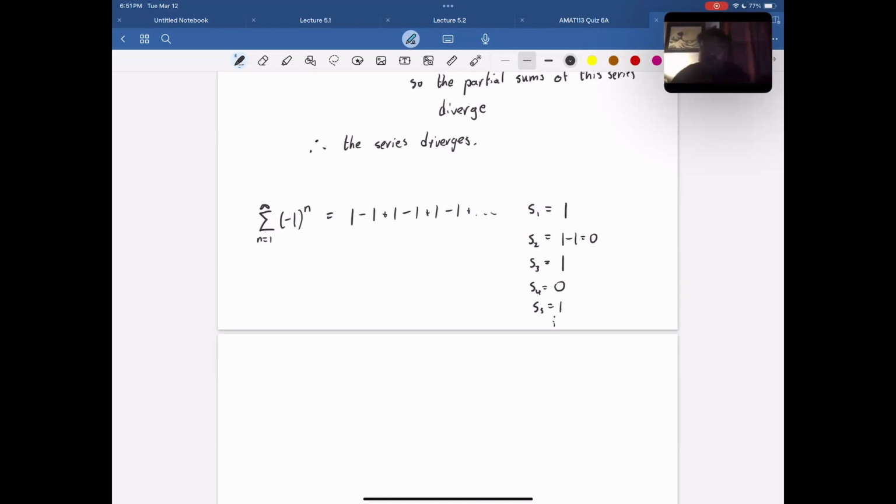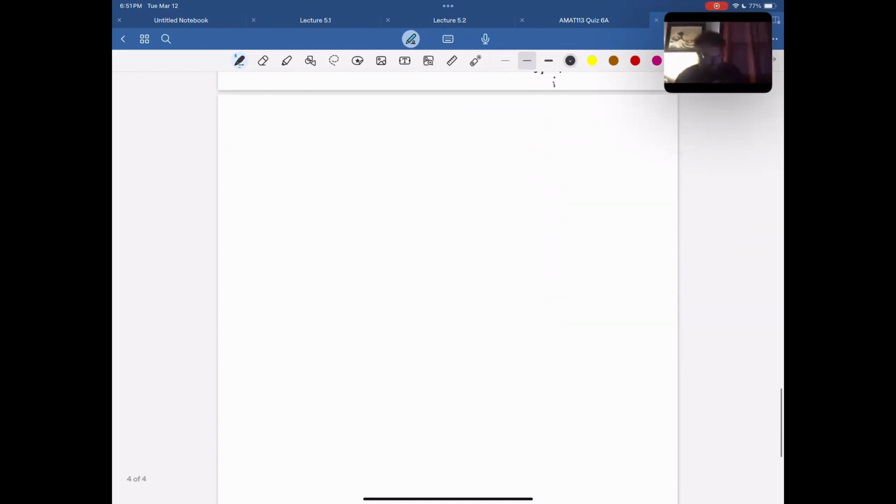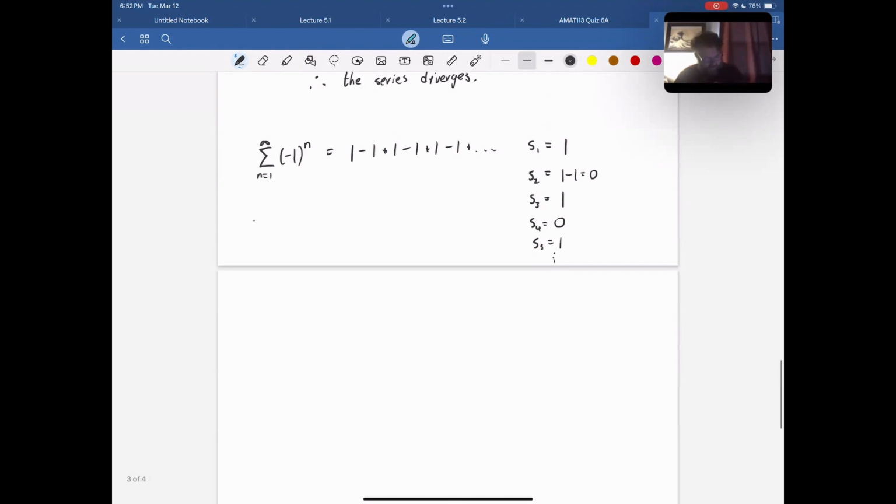And so we can see that the sequence of partial sums here winds up diverging. And so we know because of that, because the sequence of partial sums diverges, we know that the series diverges. And so again, right, -1 to the n gives us grief.